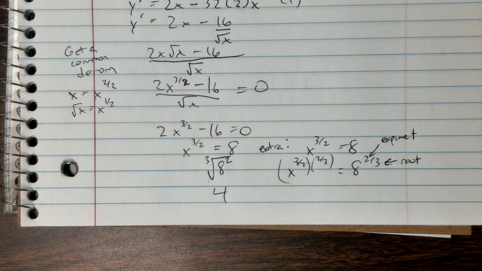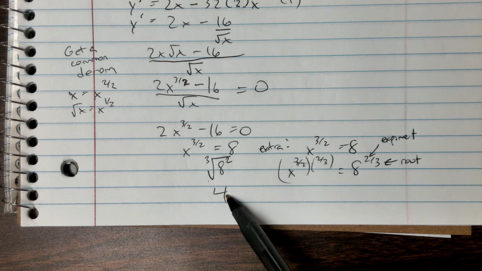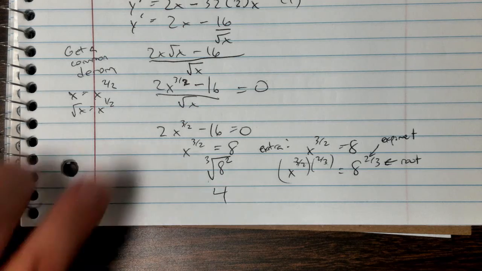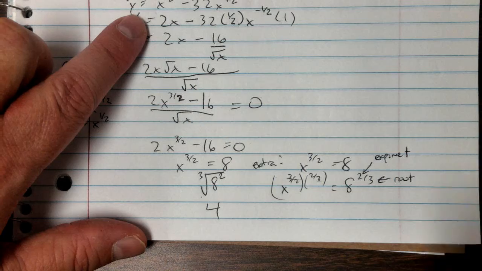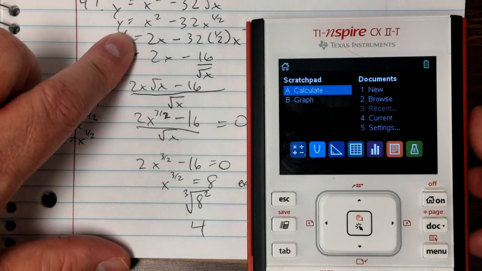And so that's one of them. The other one is probably at 0, because both have x in them. Let's just double check from the graph.